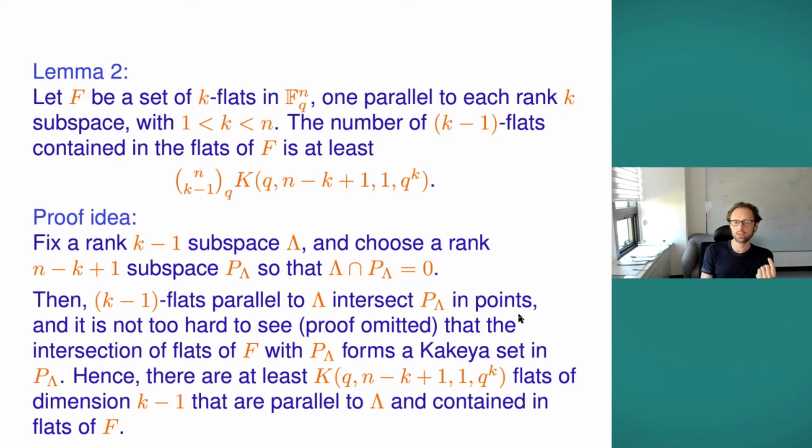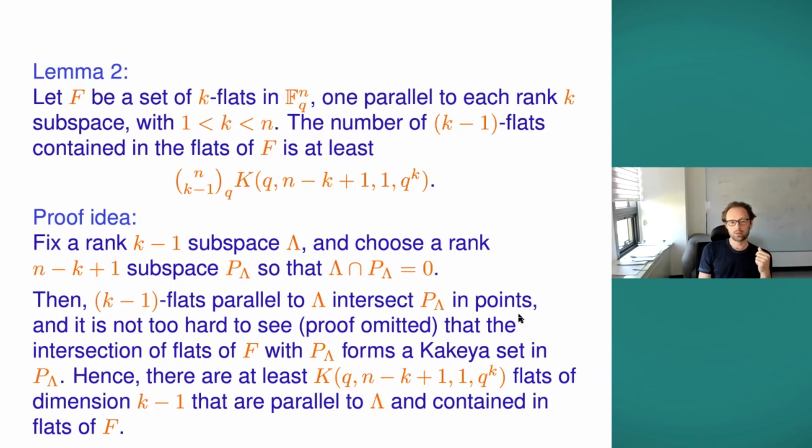We're choosing the dimension of P lambda so that a typical subspace of that dimension is going to intersect lambda in just the origin. And the only thing that we're doing is we're not choosing P lambda where the intersection is too large.